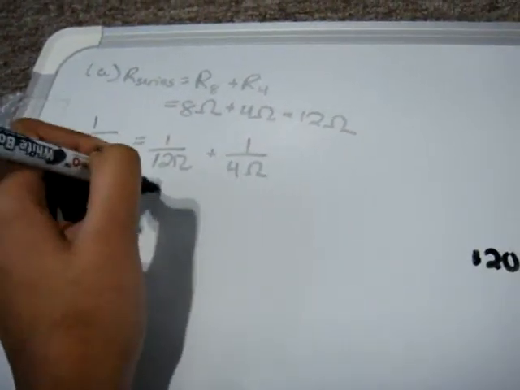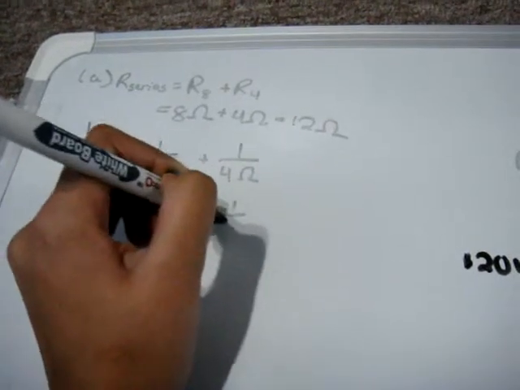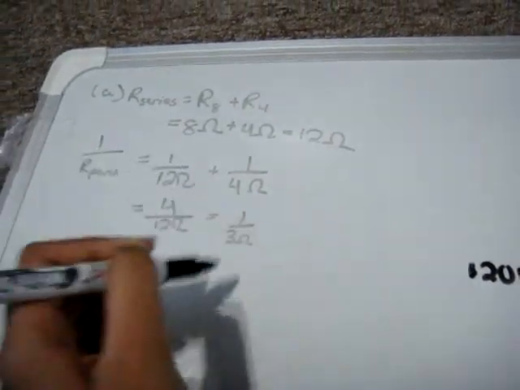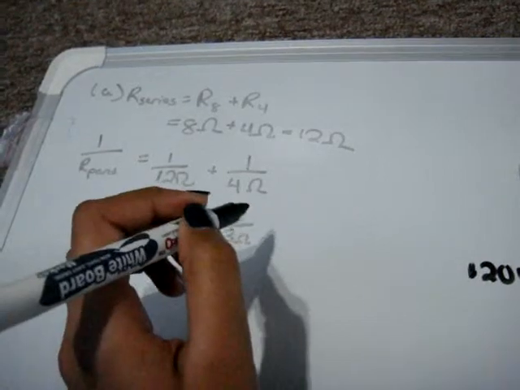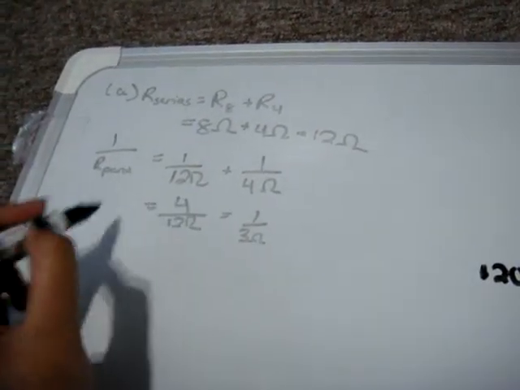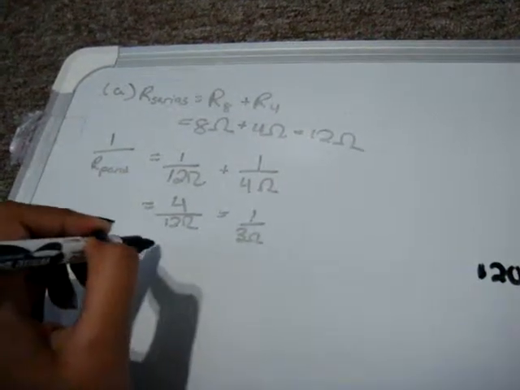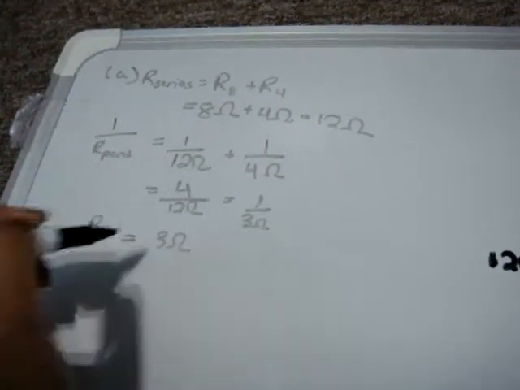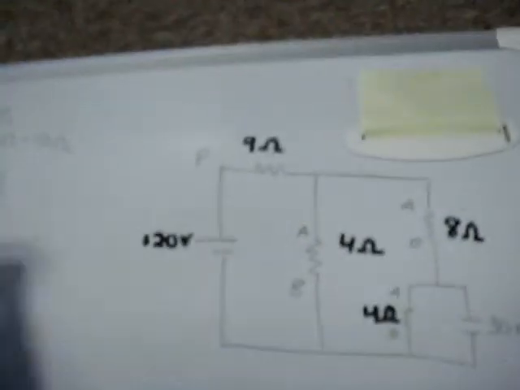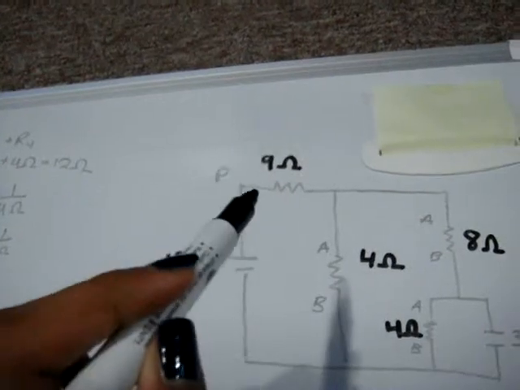And this added together is 4 over 12 ohms, which is 1 over 3 ohms, and because you have to reciprocate it, R would equal 3 ohms.